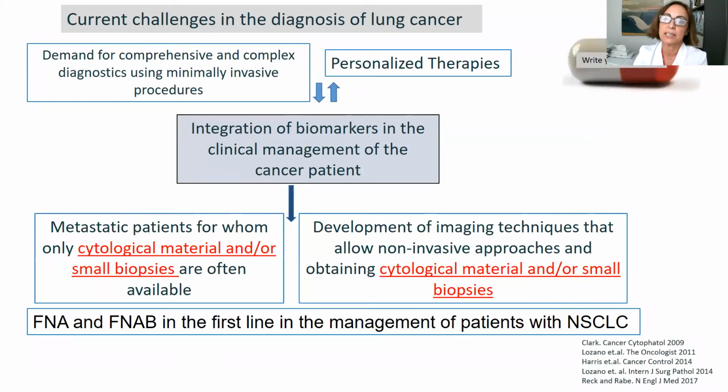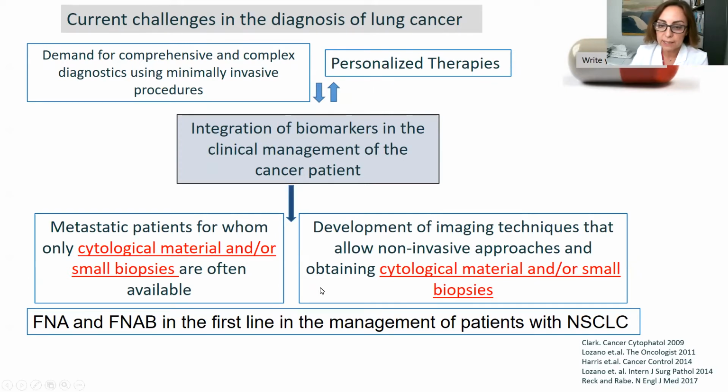And we know there are many challenges in the diagnosis of lung cancer. As cytopathologists, we are asked for comprehensive and complex diagnoses using minimally invasive procedures. And of course, we have to integrate this diagnosis into the world of personalized therapies. So integration of biomarkers in the clinical management of the cancer patient is a necessity.